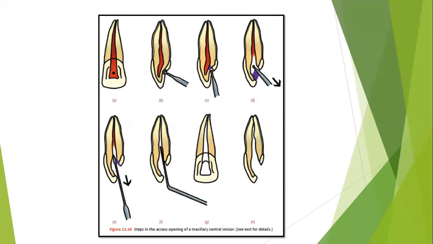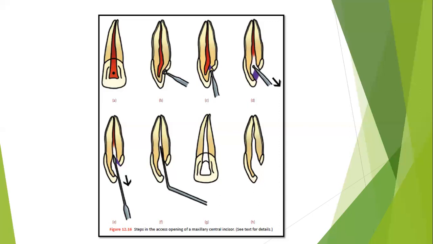In this way, you have to frame the answer. Suppose an essay question comes, in this way you have to frame the answer. First, give a flow chart which includes introduction, definition, the goals of access cavity preparation, then the principles or guidelines of access cavity preparation, which include the preoperative considerations and clinical considerations.